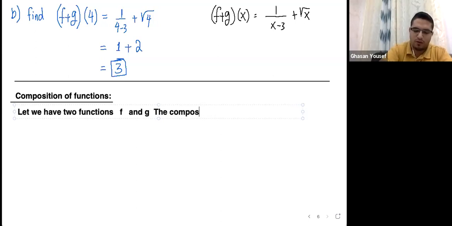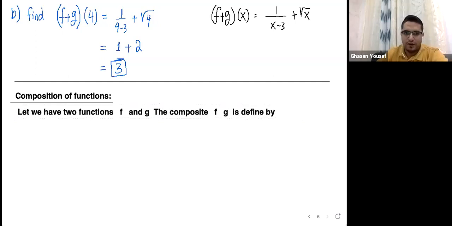The composition, or the composite, f circle g is defined as follows. Here I have f circle g, or f after g, whatever you say, or f composite by g.